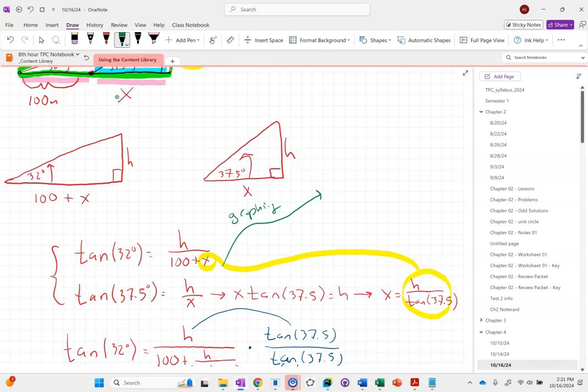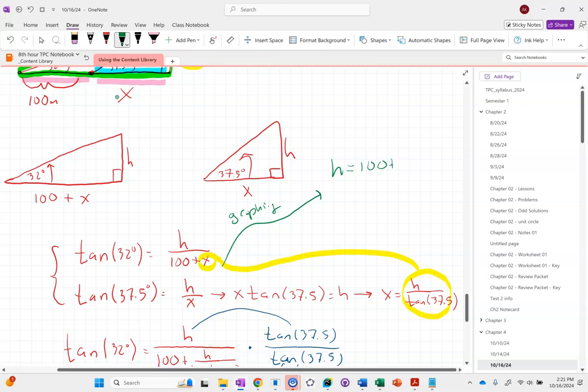Dude, I'm definitely picking the h, right? To get the h by itself in the first equation, I'll just multiply by 100 plus x. In the second equation, I'll just multiply both sides by x.